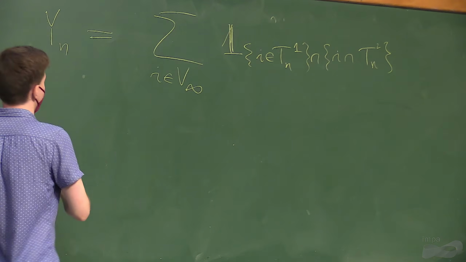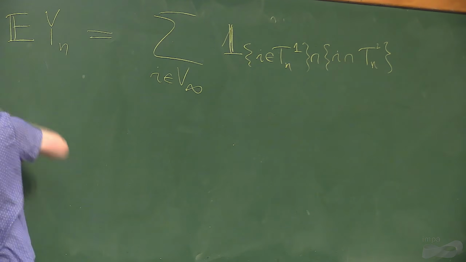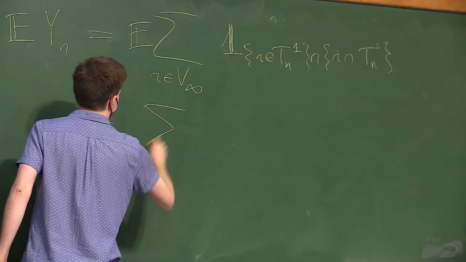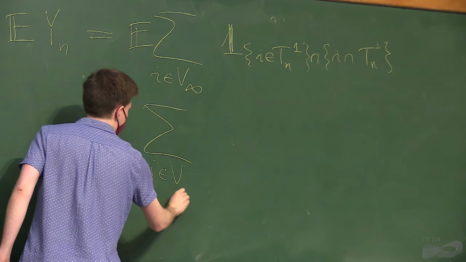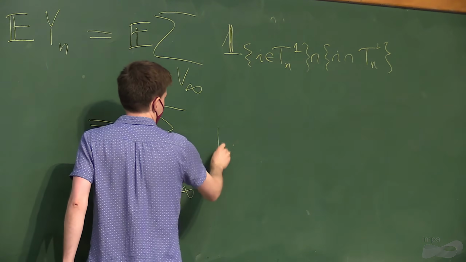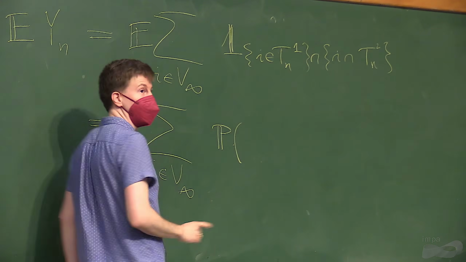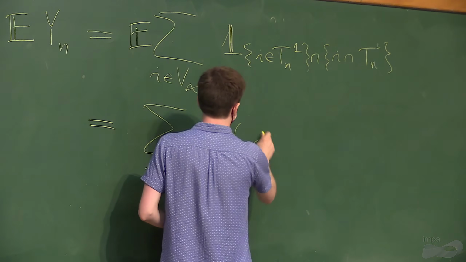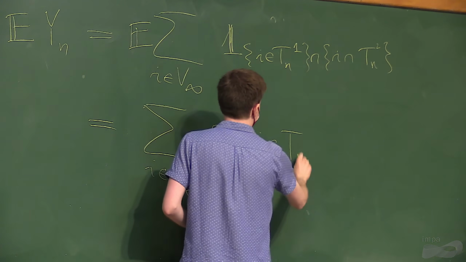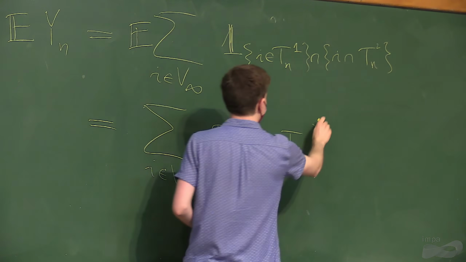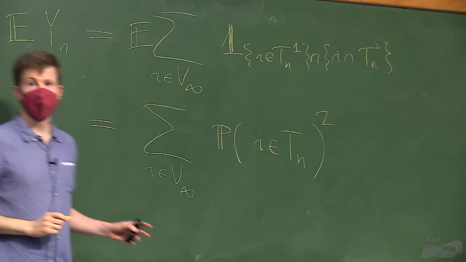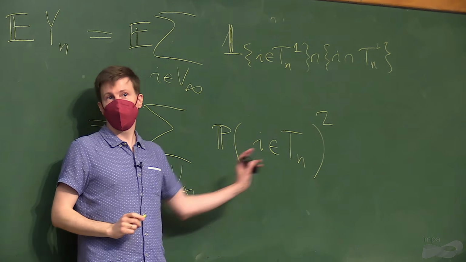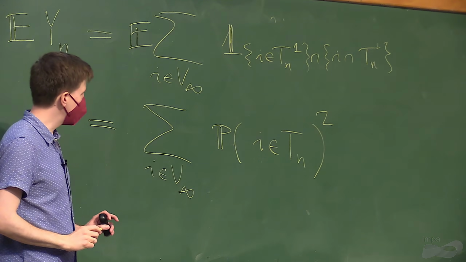So now, if I take an expectation, then this is just a sum over all vertices in the Ulam-Harris tree, and by linearity of expectation, and also by independence of the two trees, this is just the probability that vertex I is in, say, a single tree, squared. Okay? So, this is the fundamental quantity that you want to compute.